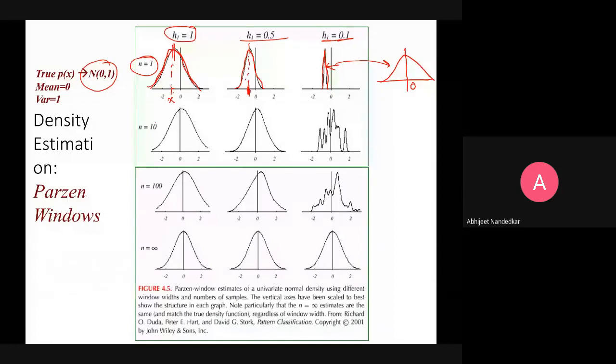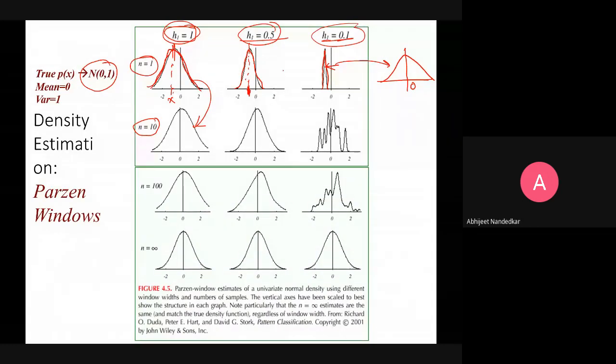Now suppose instead of one sample I take 10 samples, and again I have different window widths, say h equal to 1, h equal to 0.5 and h equal to 0.1. You can see that for h equal to 1 compared to the previous, this is a better estimation.